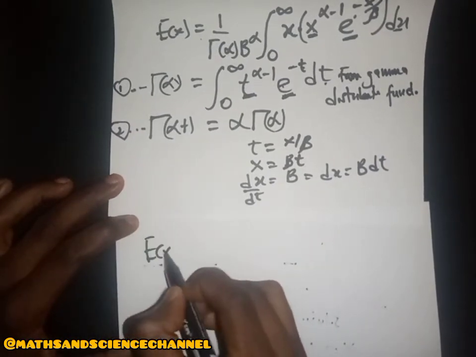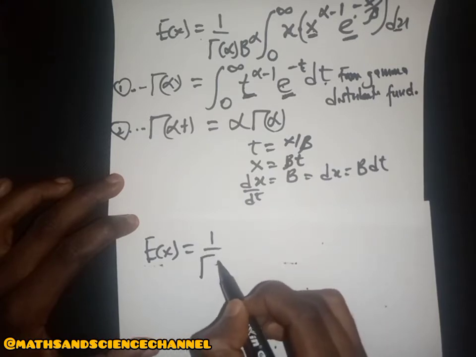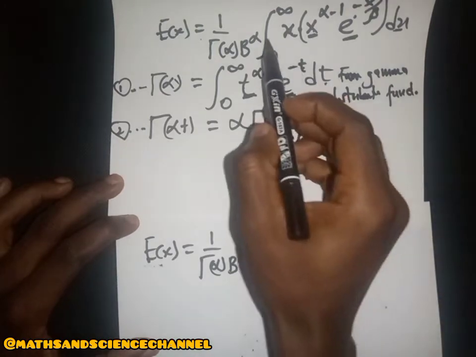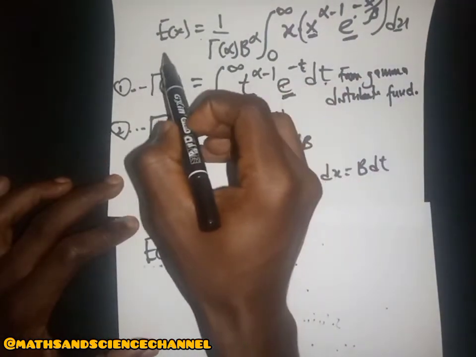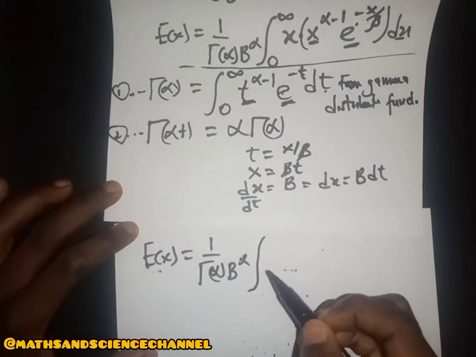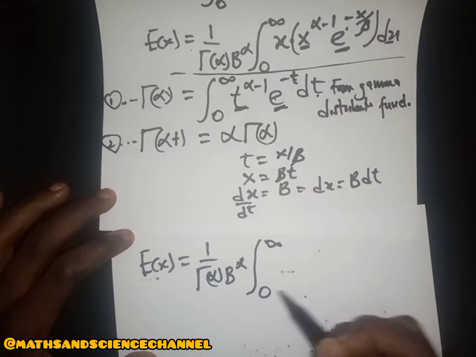So we have e of x here, 1 over the gamma of alpha beta to the alpha, remember we are writing this one here, and then we have the integral from 0 to infinity.